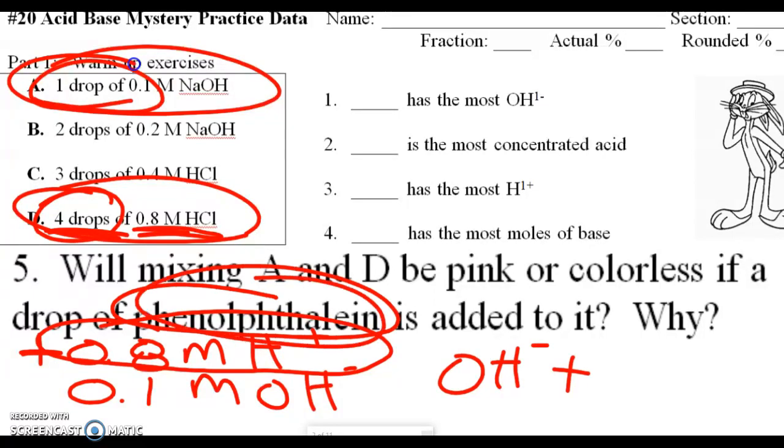If you don't have those two things, it's not going to be pink. So in this problem, I'm going to have a lot more hydrogen ions. All the hydroxide ions would have been consumed by the hydrogen ions, making water. So there'd be no leftover hydroxide ions really in the container. So if there's no hydroxide ions, it's going to be colorless.